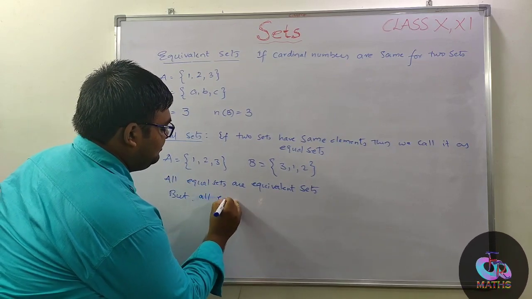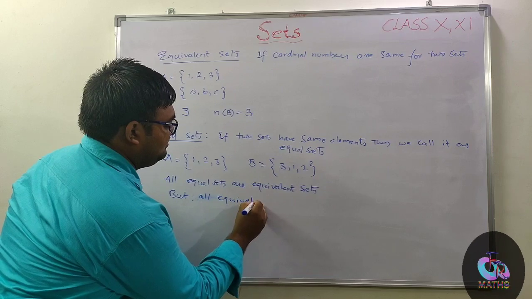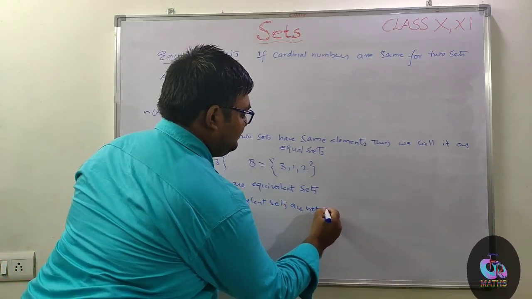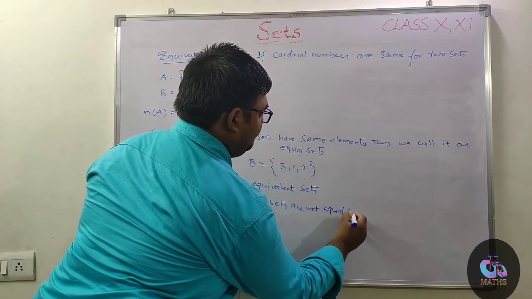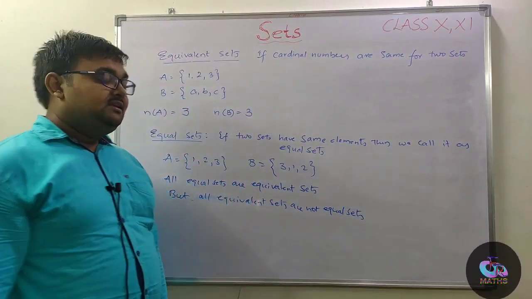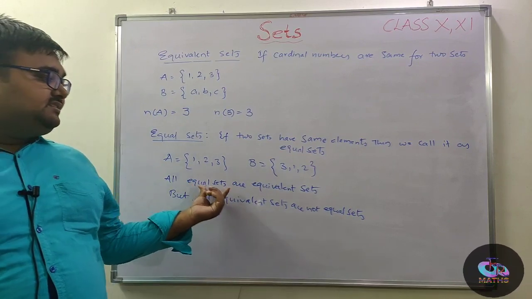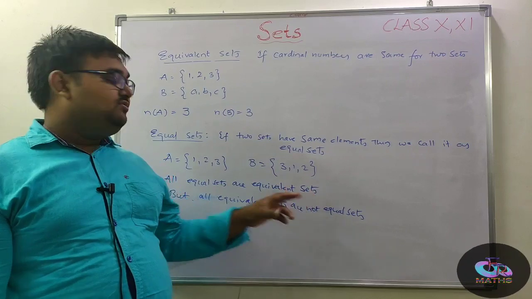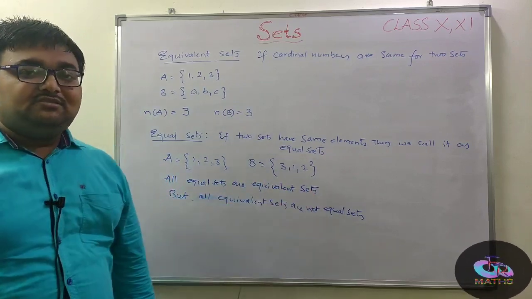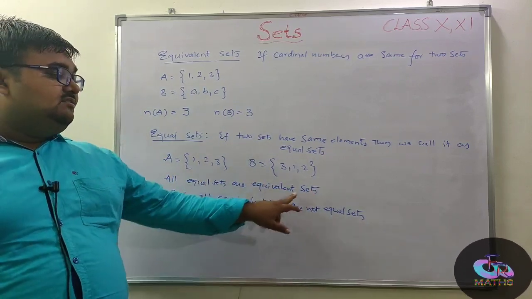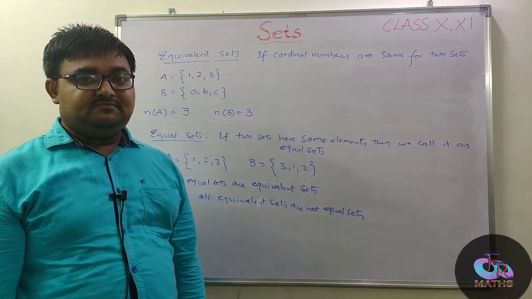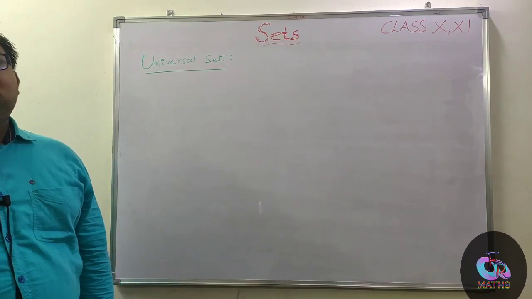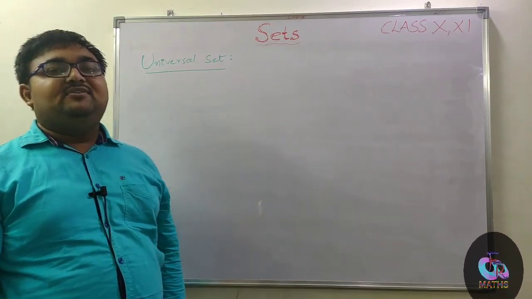All equivalent sets are not equal sets, because equal sets satisfy two conditions, while equivalent sets follow only one. So we can say that all equal sets are equivalent sets, but all equivalent sets are not equal sets. Okay. Next, universal set. The universal set is nothing but the set of all sets.